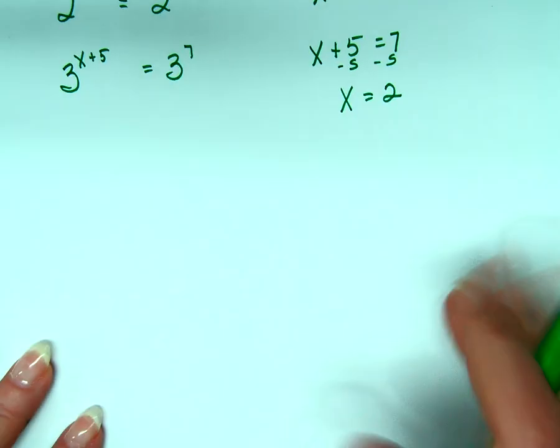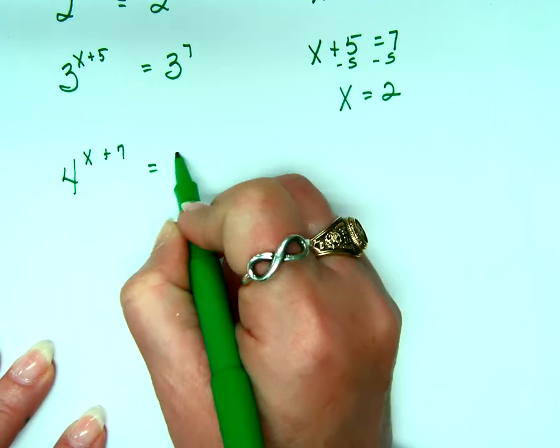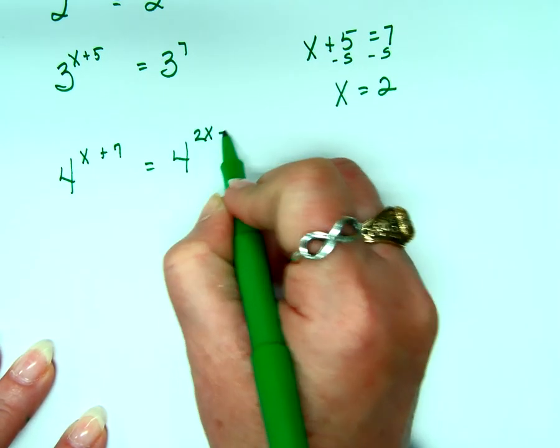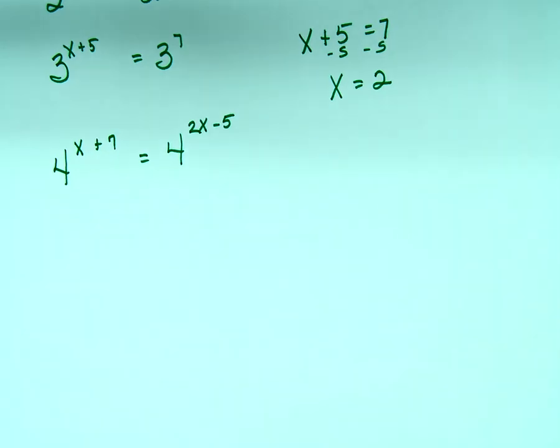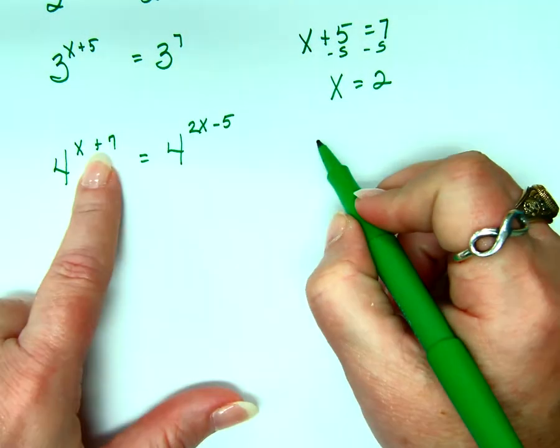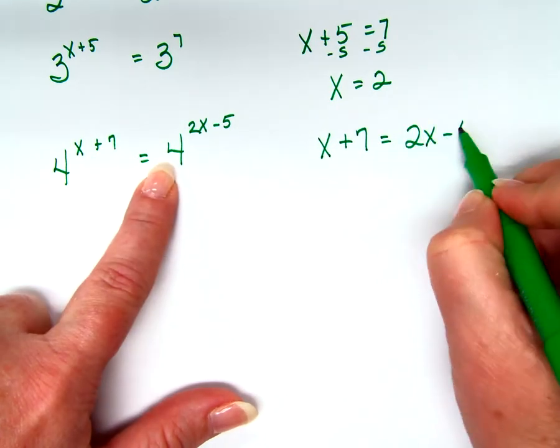Okay, how about another one? 4 to the x plus 7 equals 4 to the 2x minus 5. Are the bases the same? If the bases are the same, what else should be the same? Absolutely. So x plus 7 should equal 2x minus 5.